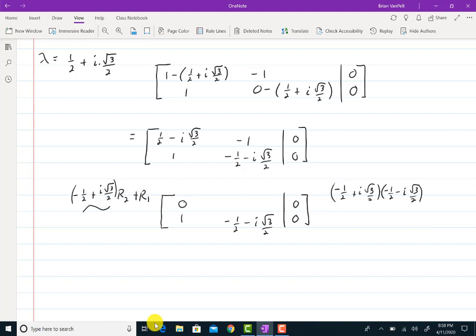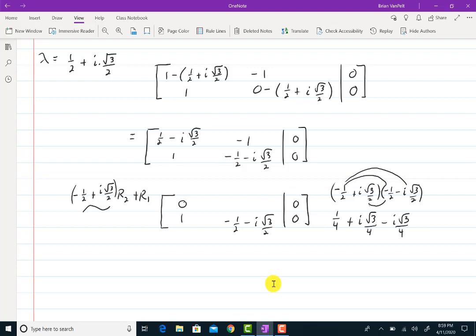The way you do this is with the FOIL method. So I'll start with -1/2 times -1/2, and I'll get 1/4. And then I'll do -1/2 times -i radical 3 over 2. That will give me a positive i radical 3 over 4. Then this part, which I believe is the inner, I'm going to get a negative i radical 3 over 4.